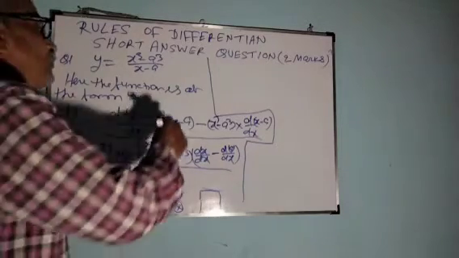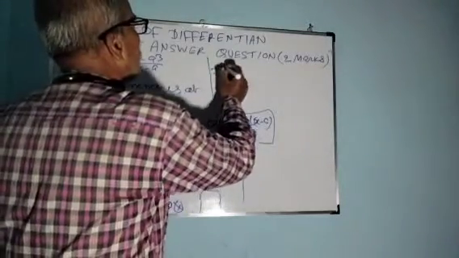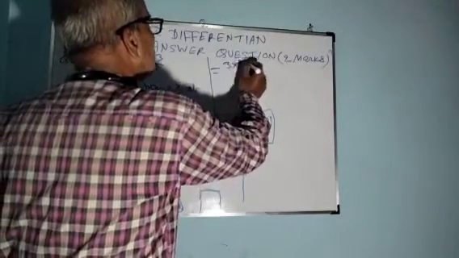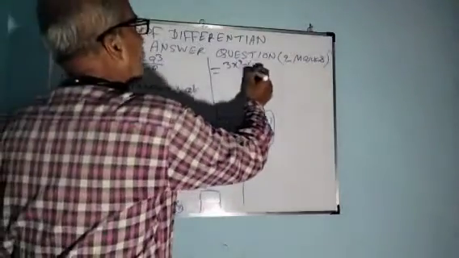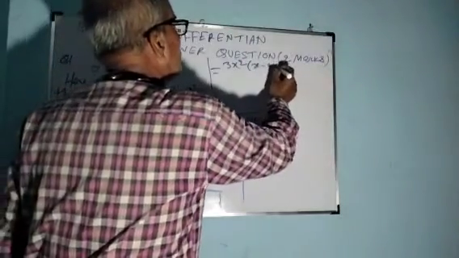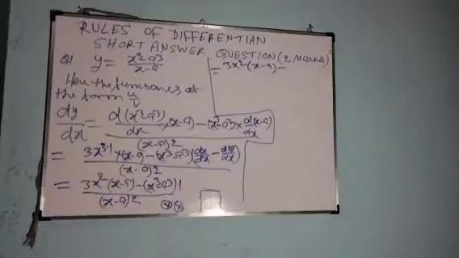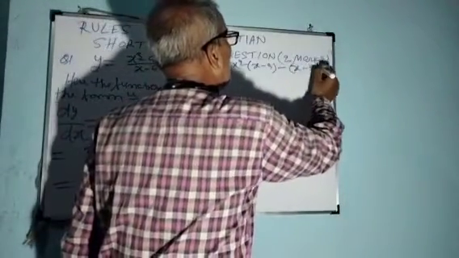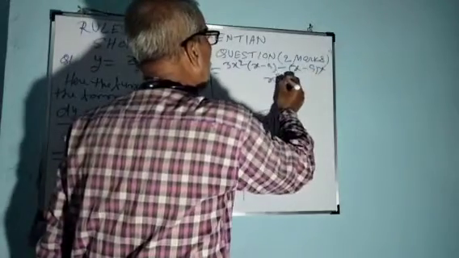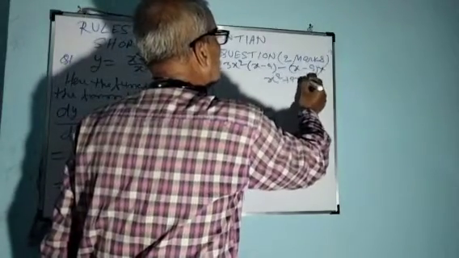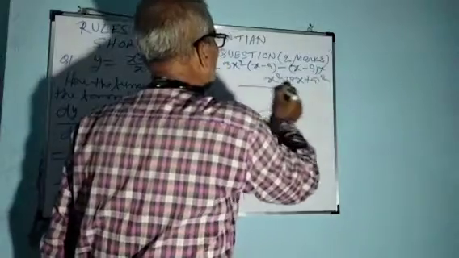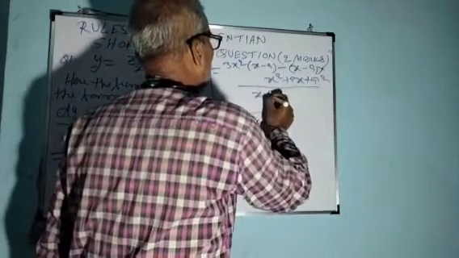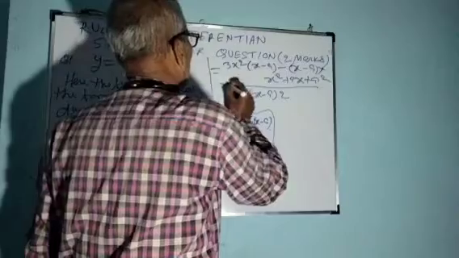So we write 3x square (x minus a) minus (x minus a)(x square plus ax plus a square) by (x minus a) whole square.